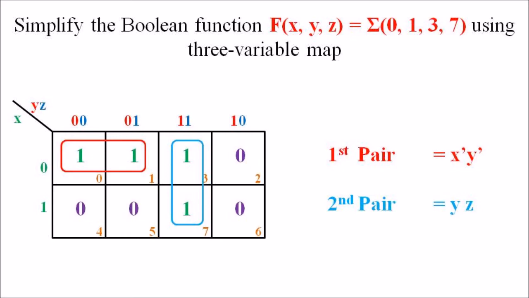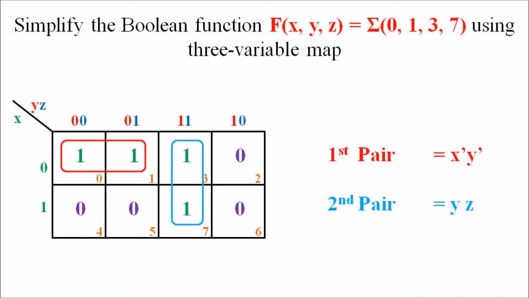Considering the second pair, marked in blue, it lies column wise. The value of x changes from 0 to 1 when moving from cell 3 to 7, and the value of yz is unchanged in this pair. Therefore the reduction of the second pair is yz, because the value of yz is 1, 1.